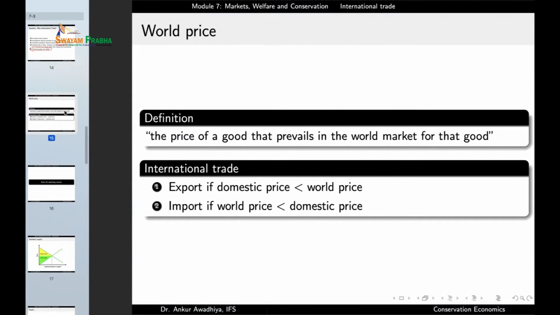To understand that, we would have to get into the concept of world price. World price is defined as the price of a good that prevails in the world market for that good. Essentially, when we are talking about international trade, there is a domestic price for things and there is an international price for things.